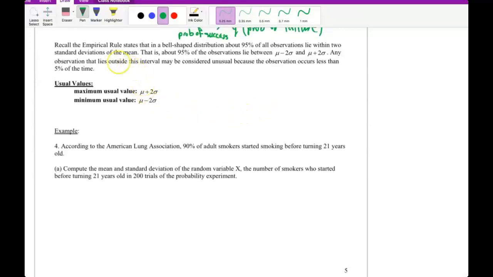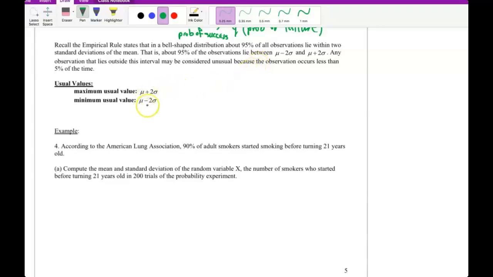Okay, hope you remember the empirical rule, which was based on bell-shaped distribution. On this part, we're going to use the within 2 standard deviations part.